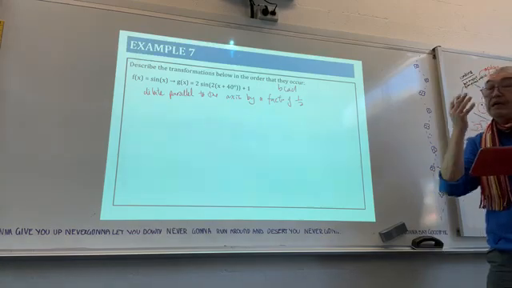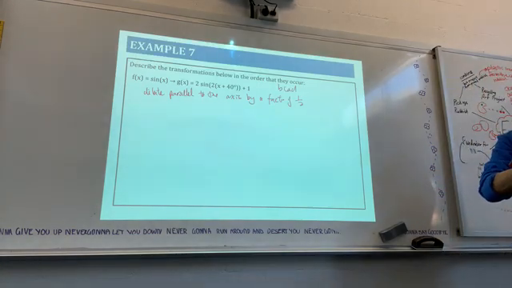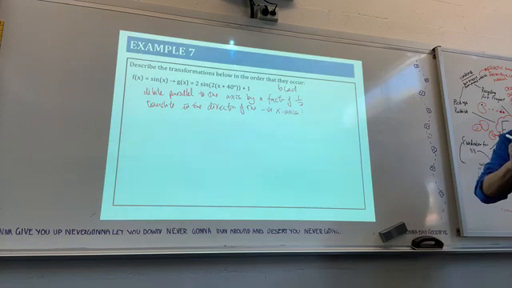Alright, C, which is a phase shift: translate in the direction of the negative x-axis by 40 degrees. Alright, and then equilibrium.